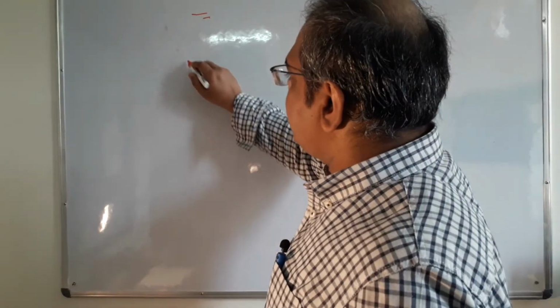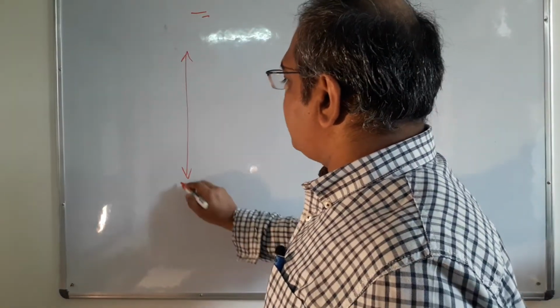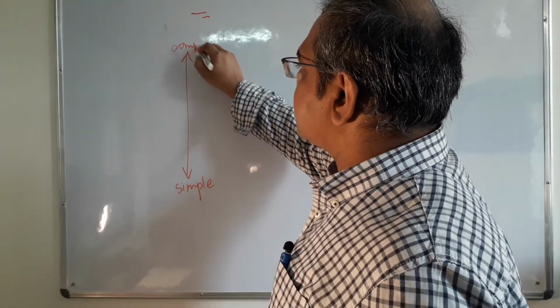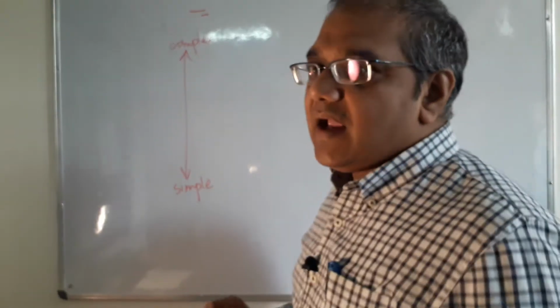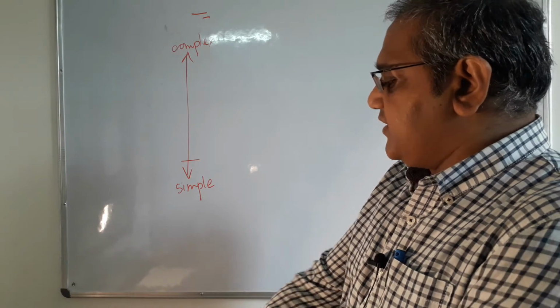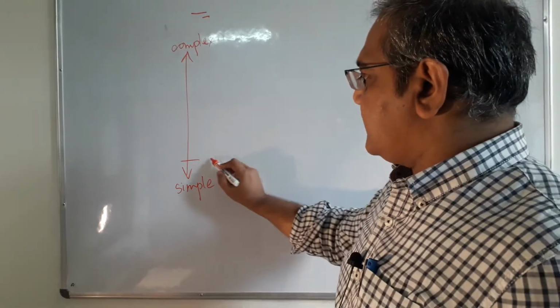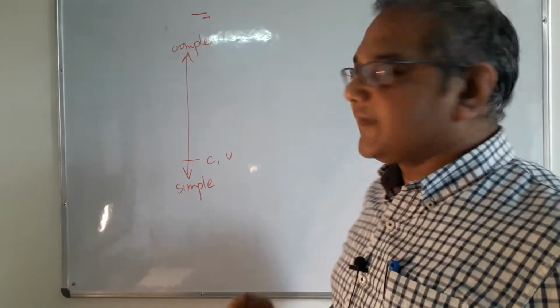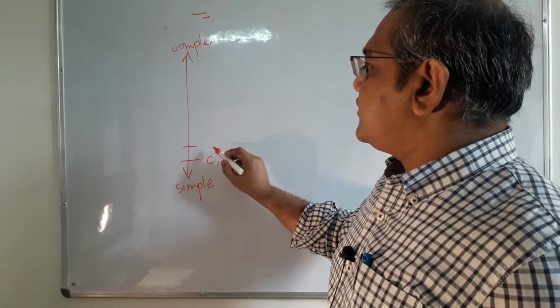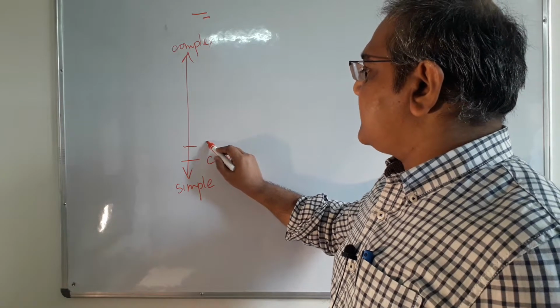But before that, let us look at where the syllable stands in the language hierarchy. All of you know that language moves from simple to complex phenomena, and the units at the bottom of the pyramid are the consonants and the vowels. Then comes a level which we call the syllabic tier.